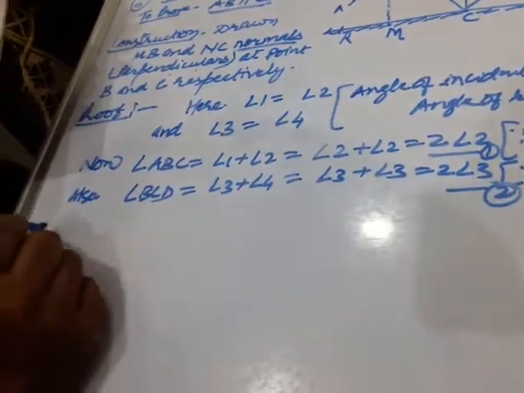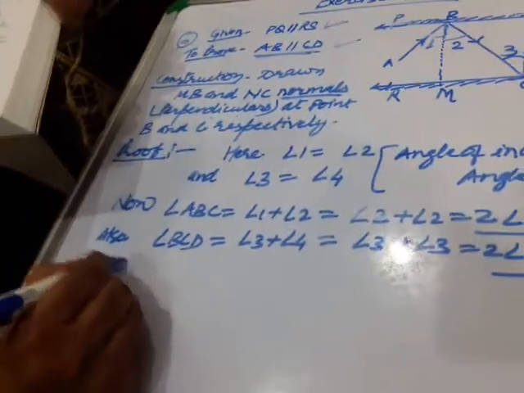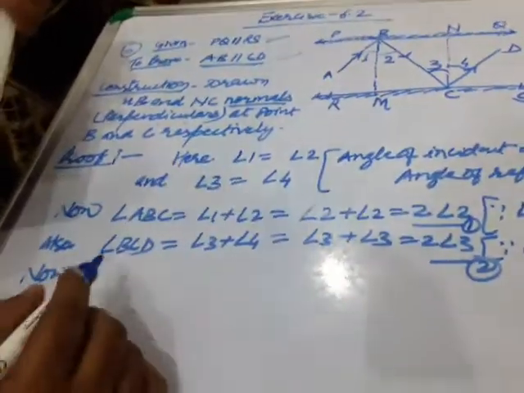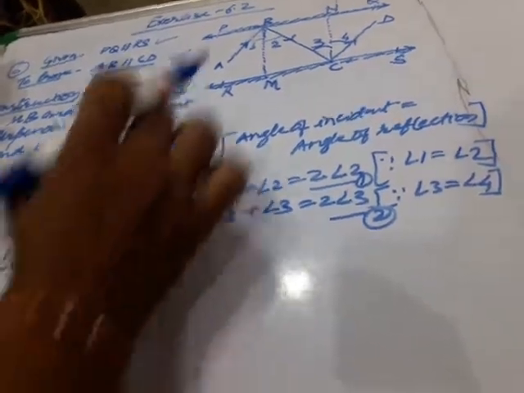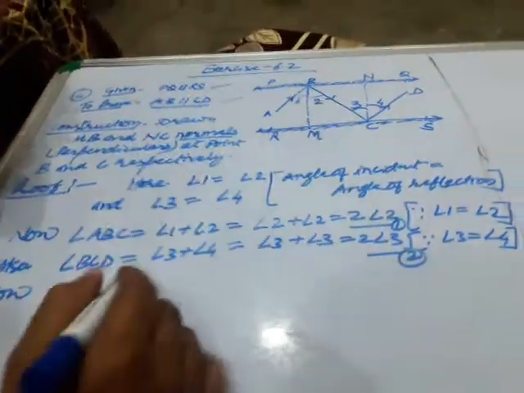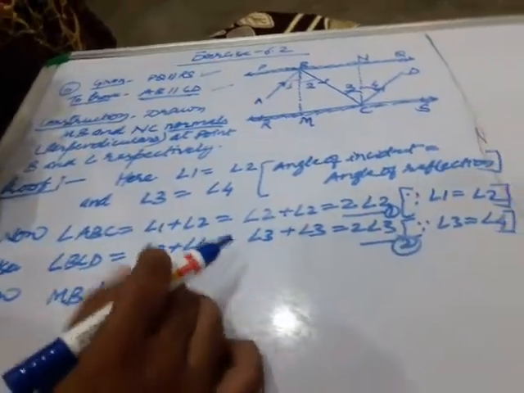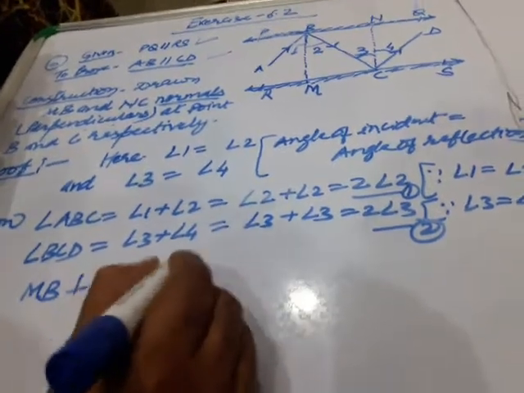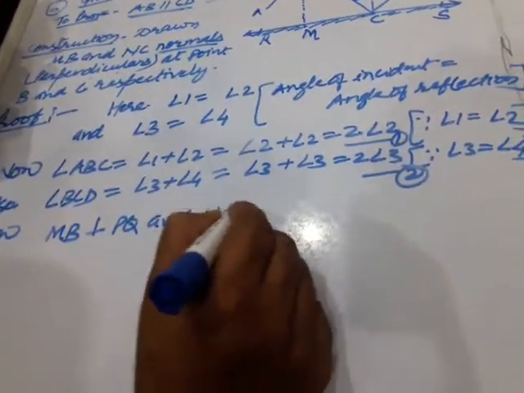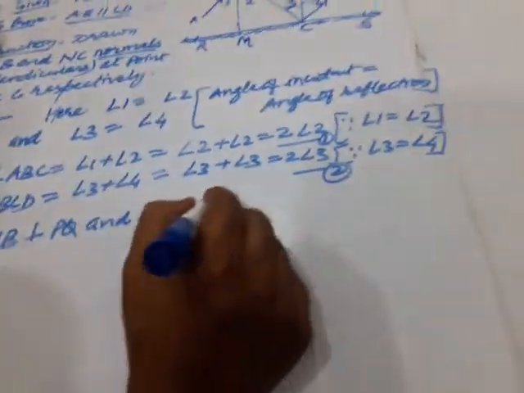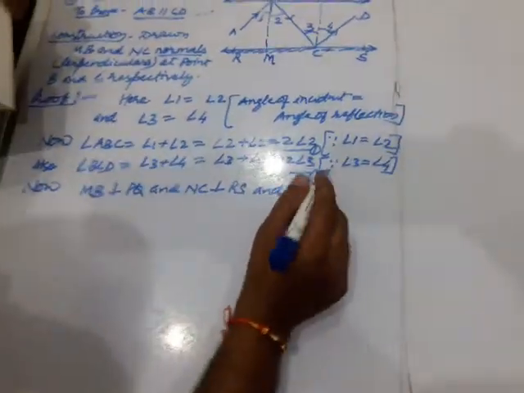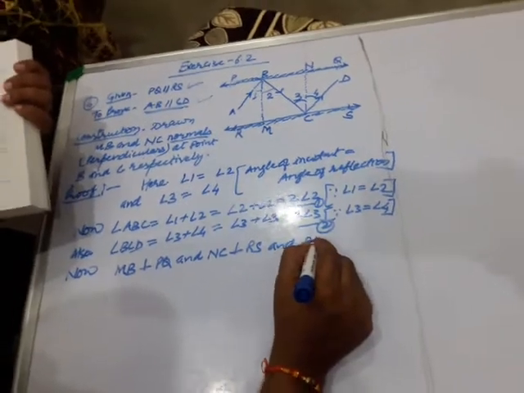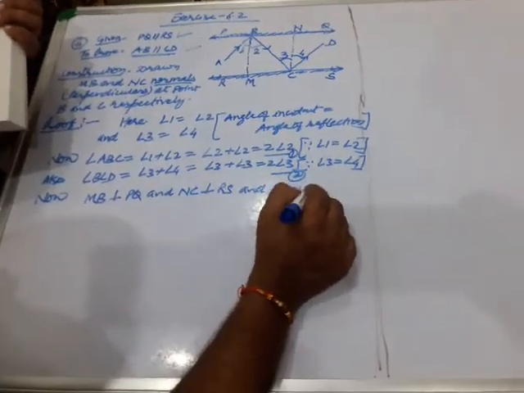Okay children, now look at the figure. Now you see, according to construction, MB is perpendicular to PQ, right? And NC is perpendicular to RS, clear? And what else? PQ is parallel to RS.